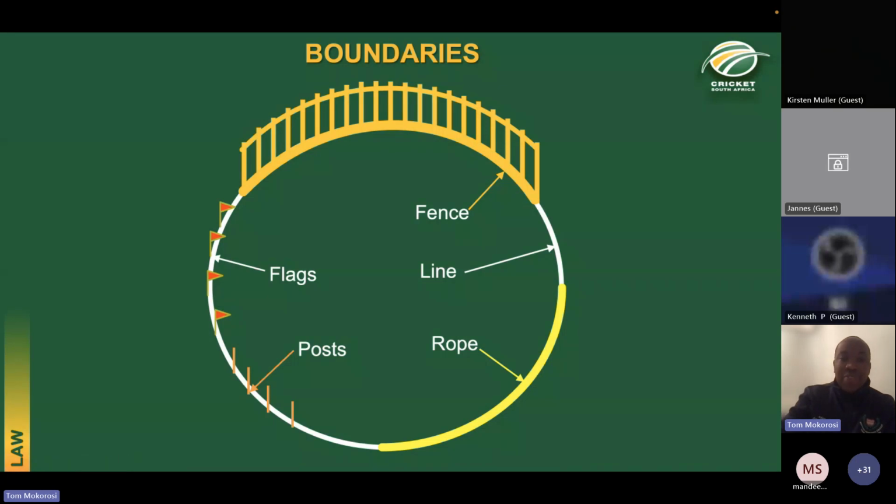So we do unfortunately have to rely on the honesty of fielders to tell us whether or not the ball had crossed the boundary, or they, when fielding the ball and when touching the ball, were over the boundary.